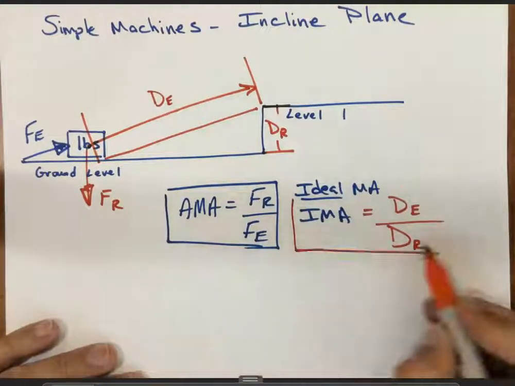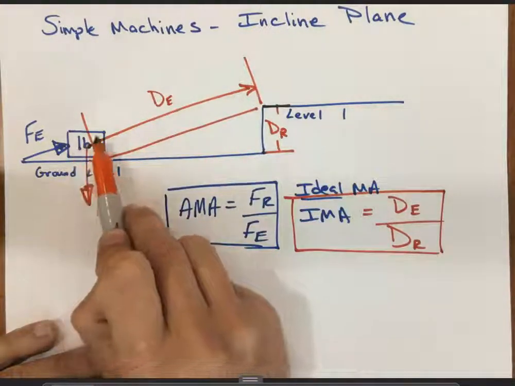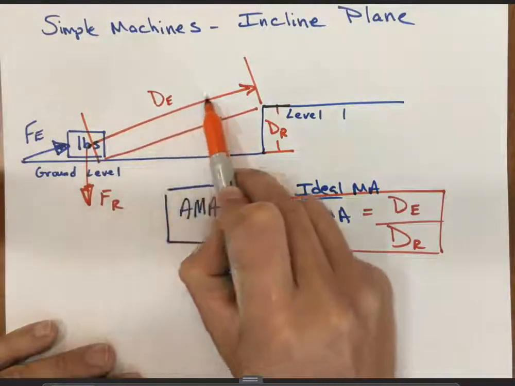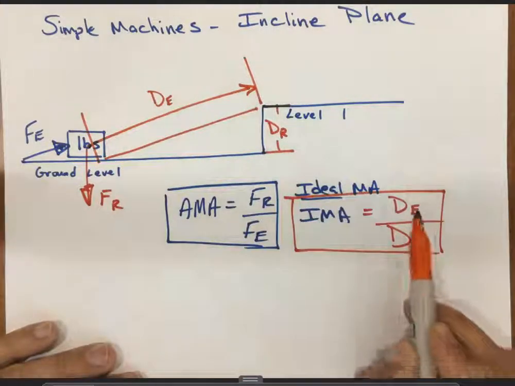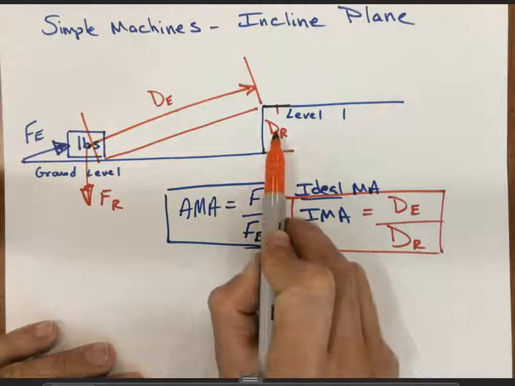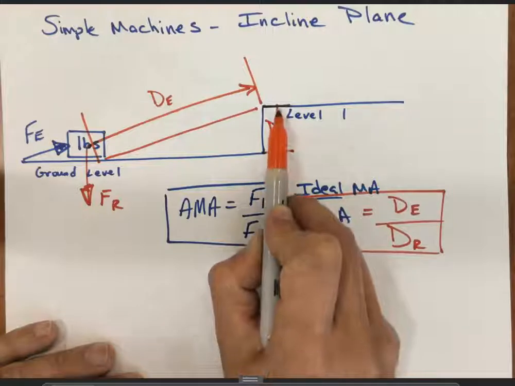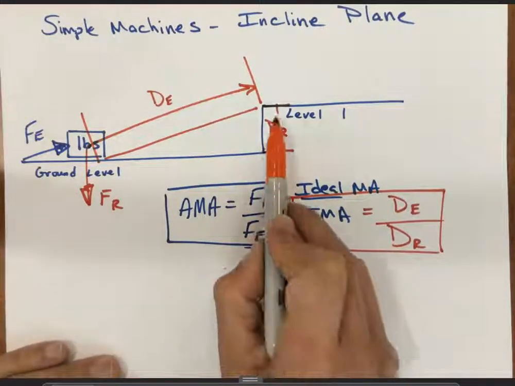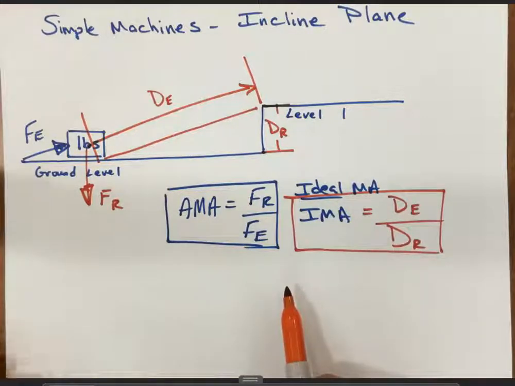So the ratio of the distances, the effort distance, the path I take as I push, divided by the resistance path, which is our goal, to simply raise the object to this level 1 height. And there you go, that is the ideal mechanical advantage.